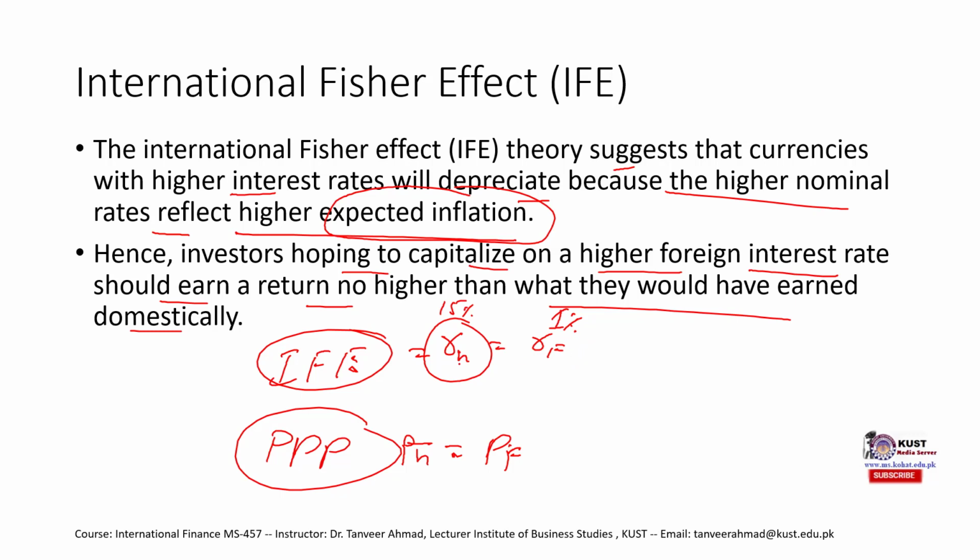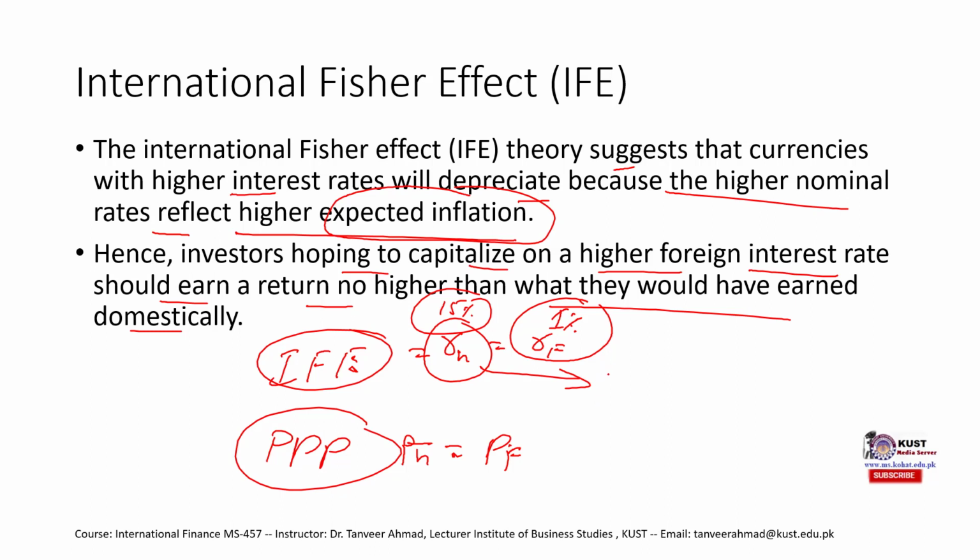So a US investor investing in Pakistan, because of this higher interest rate, would not earn a higher return, because although he would earn 15% interest, his real return would be the same as if he had invested in his home country, that is, in the US.